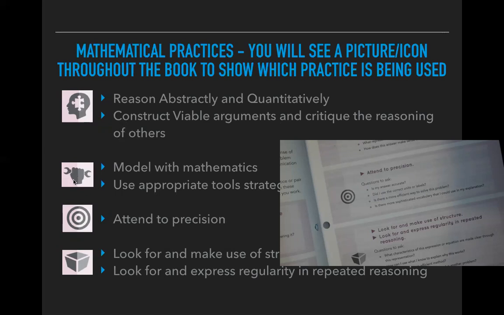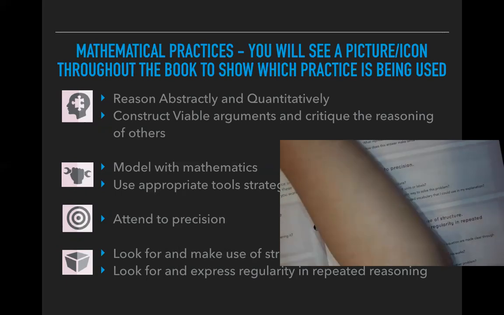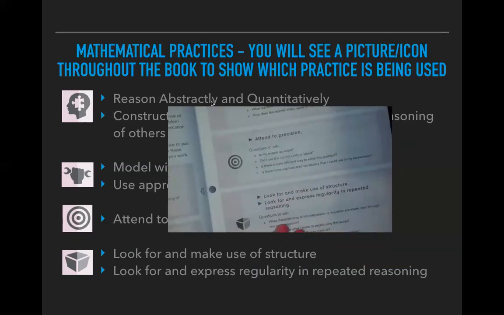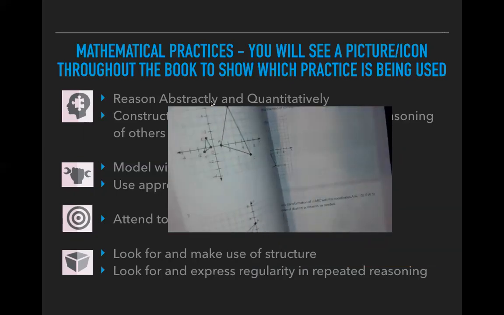We have this hand with the gear. That's model with mathematics or use appropriate tools strategically. The target looking one is attend to precision. And then the cube looking one is look for and make use of structure, look for and express regularity in repeated reasoning.